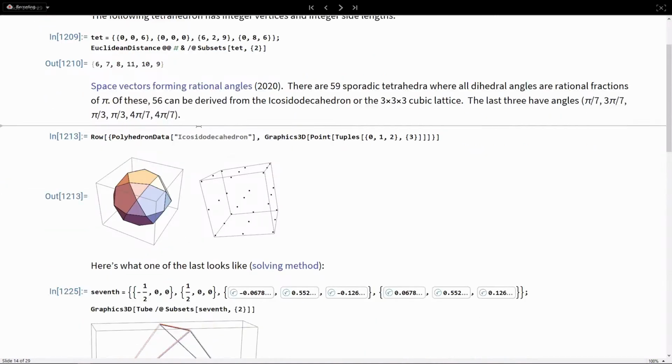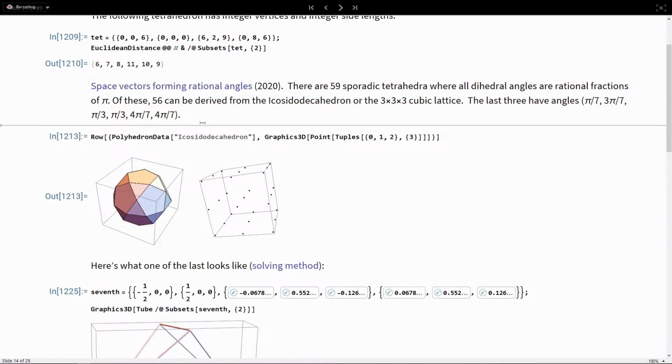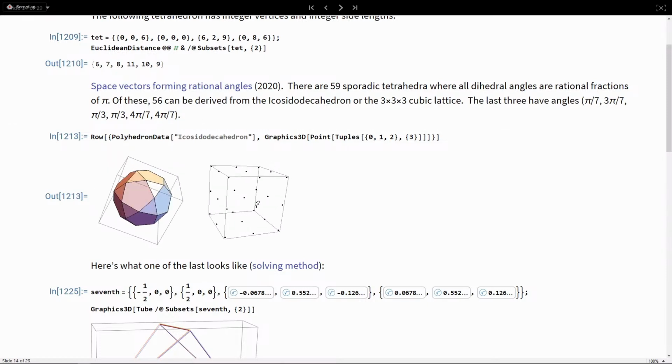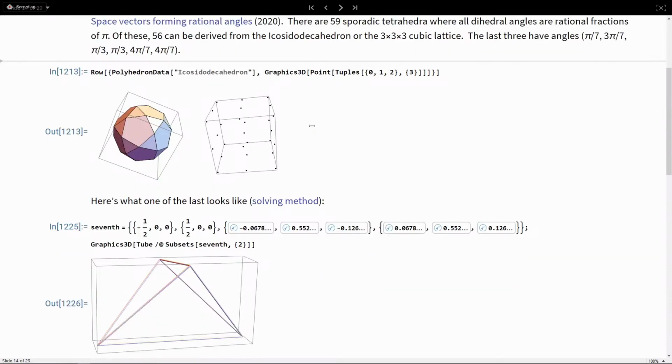And it turns out that a recently published paper, Space Vectors Forming Rational Angles, 2020, did a complete compilation of all of the tetrahedra, and it turns out that if you use an icosahedron or a 3x3 lattice, you can get all but 3 of the tetrahedra that have these properties where all the dihedral angles are nice.